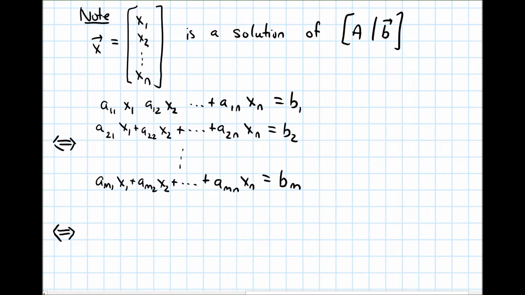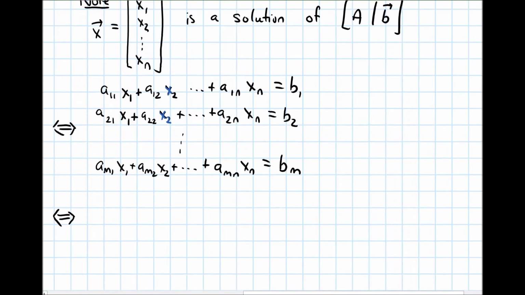So this vector is a solution if and only if, notice I've plugged in x1 for the first variable, x1 plus, and then x2 for the second variable's location, and so on. When I plug in the numbers x1 up until xn in the spot of the variables, it makes all the equations true. Okay, so now I have this system of equations with x1 up until xn plugged in.